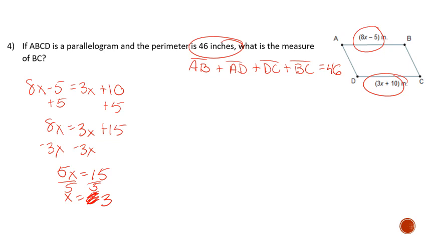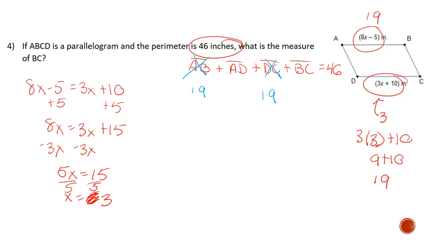If we were to plug that 3 back in, we would get 3 times 3 plus 10, 9 plus 10. That'll give you 19 for the measure of DC and for the measure of AB, because we know that these two sides must be congruent. So if I were to go back to my equation, I cross off AB, I could fill in a 19, and I can go ahead and cross off DC and fill in a 19.